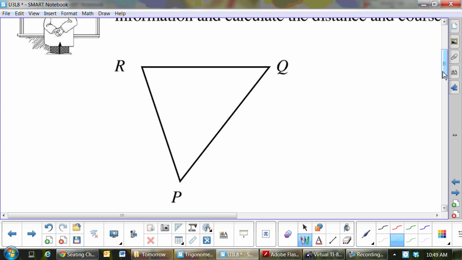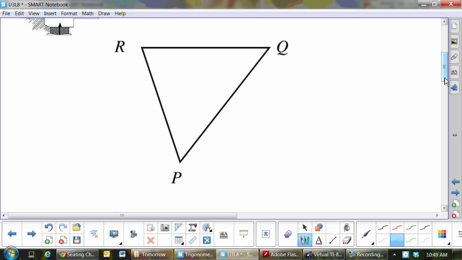Okay? So, we are starting at P. And then I'm going to sail 37 degrees. Now, at every point, you do your little crosshairs, okay? And that's why I've blown it up, so that's north, east, south, west.